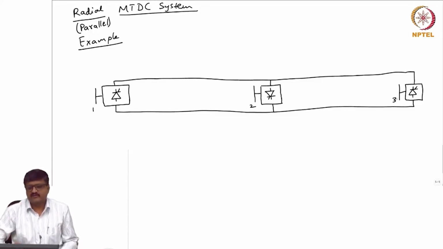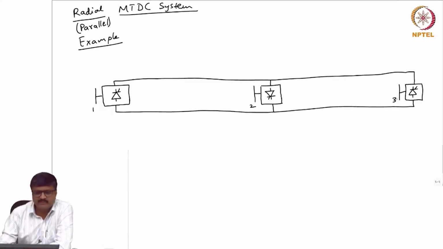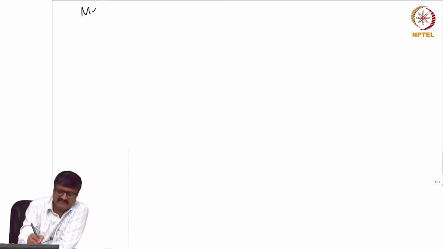Okay. So, to understand the difference between the two types of parallel MTDC systems, one is radial, another is mesh. I will give an example of mesh. Then we will come back to differentiating radial MTDC system and mesh MTDC system. Suppose I take the mesh MTDC system.